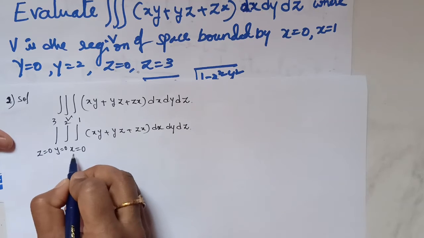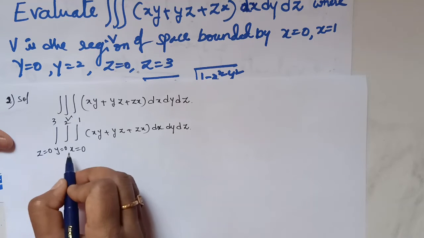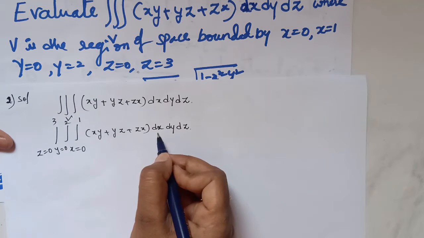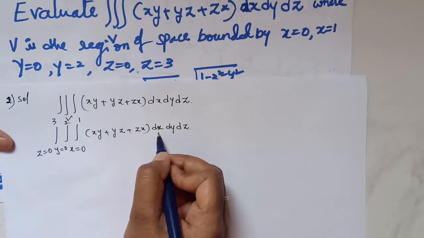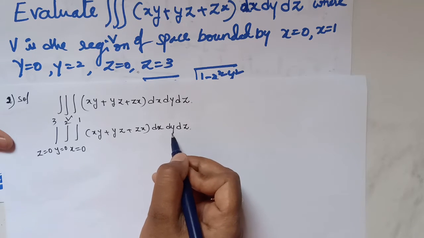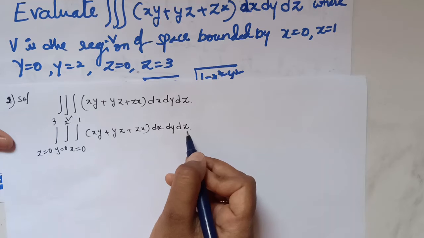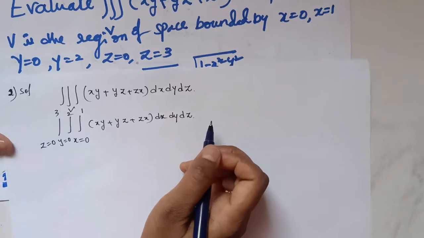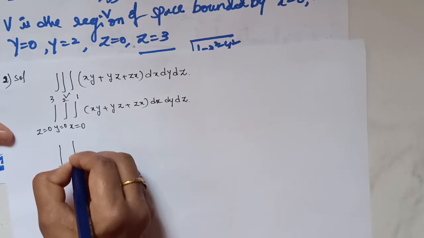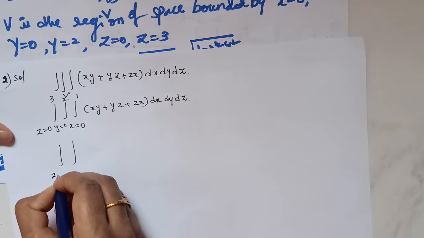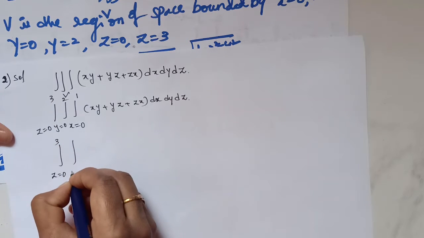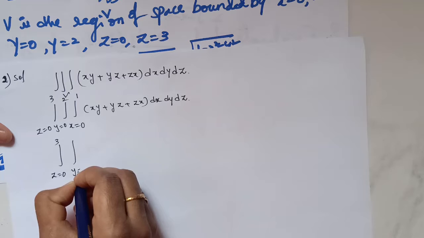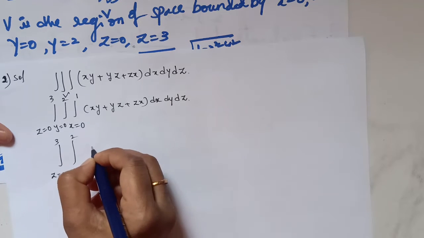Look at the x, y, z limits. You have constant limits, so you can perform integration with respect to x first, later with respect to y, last with respect to z. First you integrate with respect to x, with z from 0 to 3, y from 0 to 2.